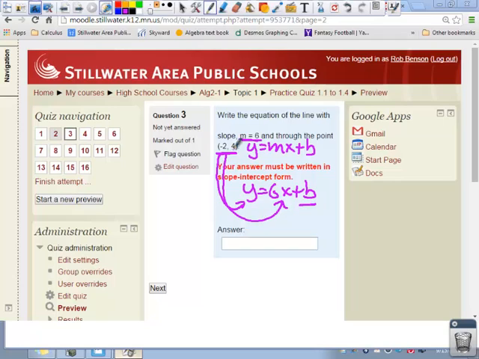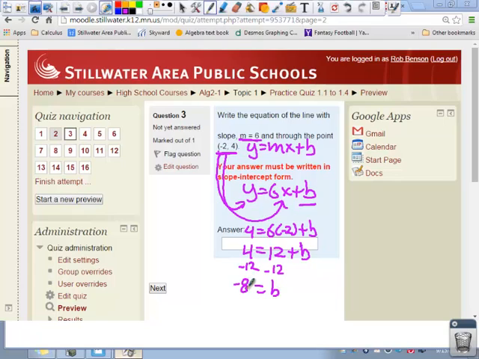If we take the 4 and plug it in for our y, and the -2 for x, we have 4 equals 6 times -2 plus b. 6 times -2 is -12, so I get 4 equals -12 plus b. You can maybe reason through this: -12 plus what is 4? We know it's got to be positive because we're going up. But if you're not sure, you add 12 to both sides, and I get b equals 16.